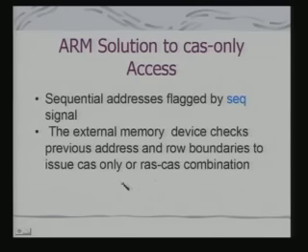Because all sequential addresses cannot be satisfied by simply CAS only, as I may go from one row to another row. So, the memory device controller will decide whether to generate only CAS or both RAS and CAS.